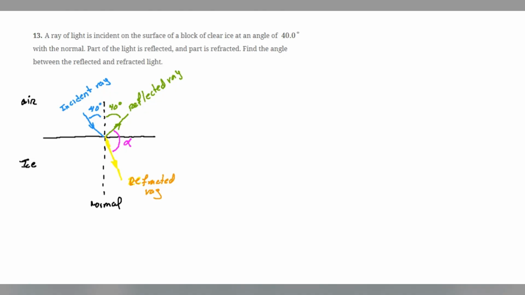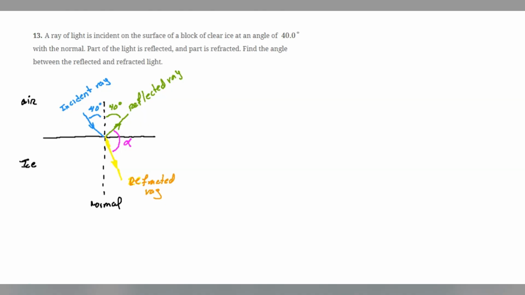So if the angle between the normal line and the boundary between the two surfaces is 90 degrees, and the angle between the reflected ray and the normal is 40 degrees, then the angle between the reflected ray and the boundary of the two surfaces will be 50 degrees.